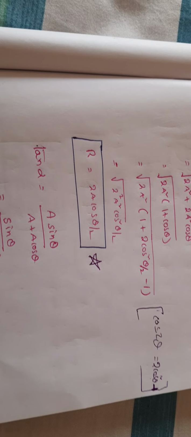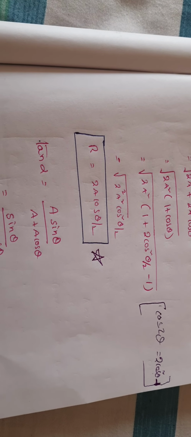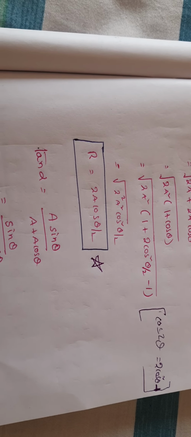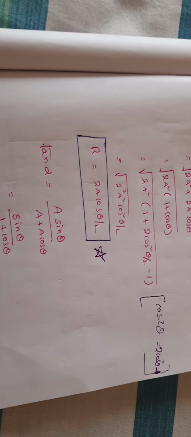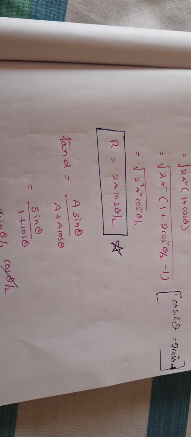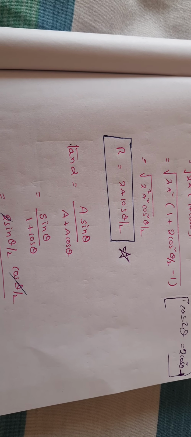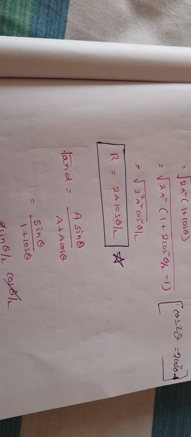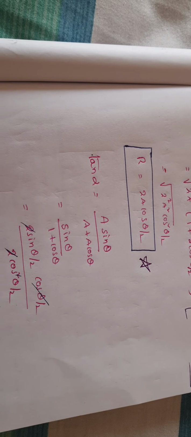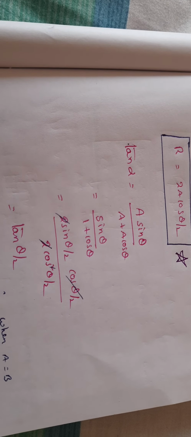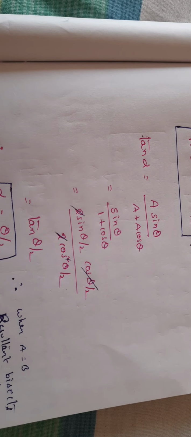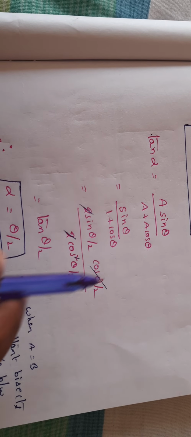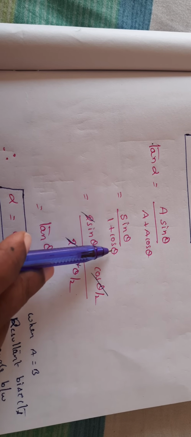Right? When A is equal to B, that means when the two given vectors are of equal magnitude, absolutely the resultant is 2A cos theta by 2, where theta is the angle between the given vectors. Now, tan alpha is equal to A sin theta by A plus A cos theta. Taking A common and cancelling, you get sin theta by 1 plus cos theta.